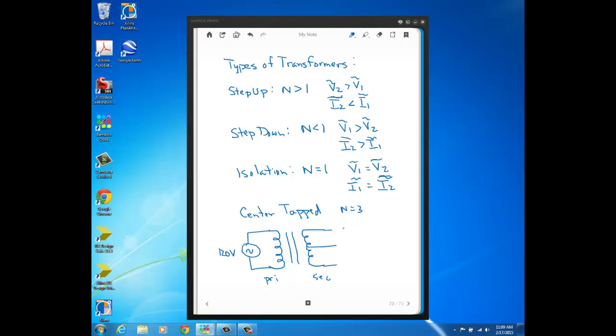Well, on the secondary side between the 2 outer connections, or we'll put it over here, since we have a turns ratio of 3, our secondary voltage is going to be 3 times the primary voltage, which is 120, since this source is connected directly up to the primary. And that's across the outer 2 contacts of the transformer. So that'd be 360.